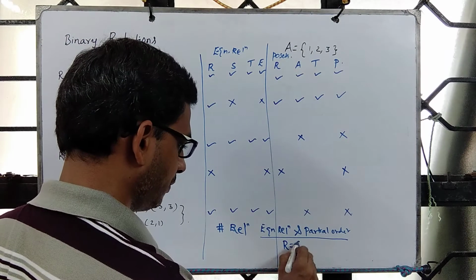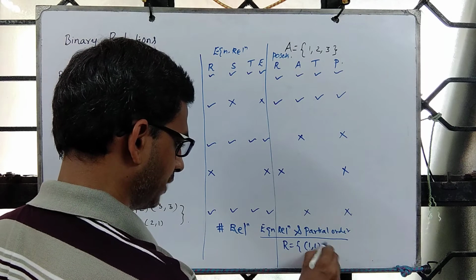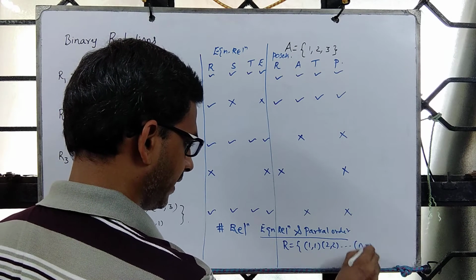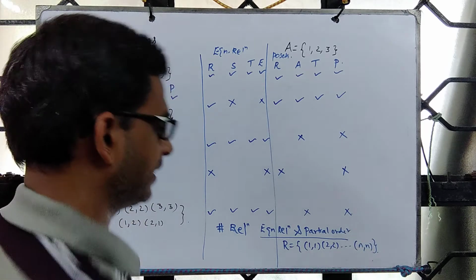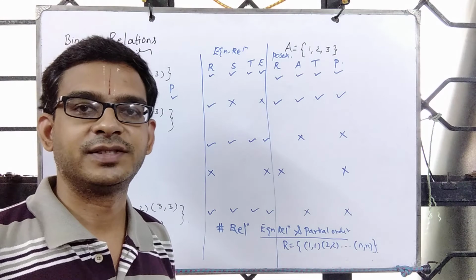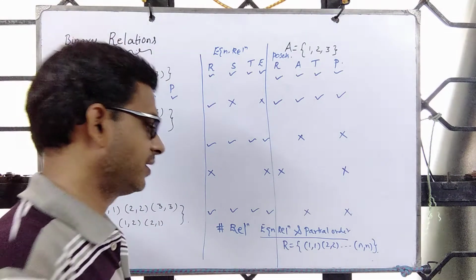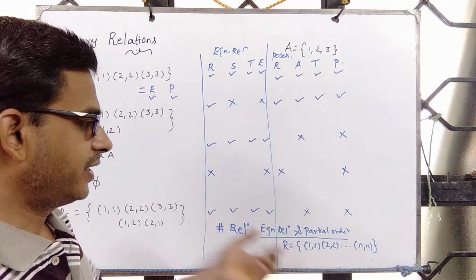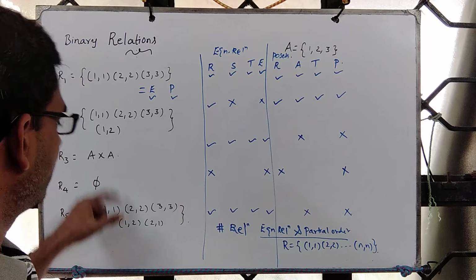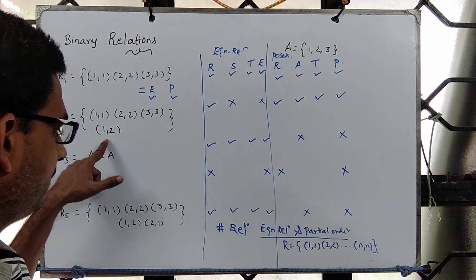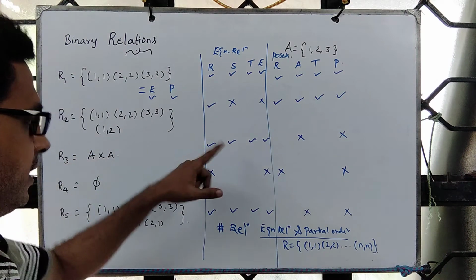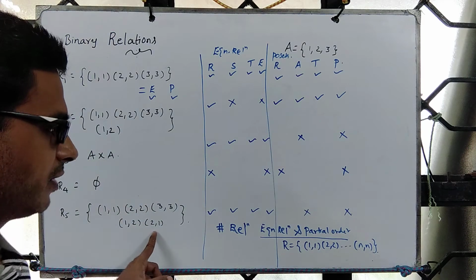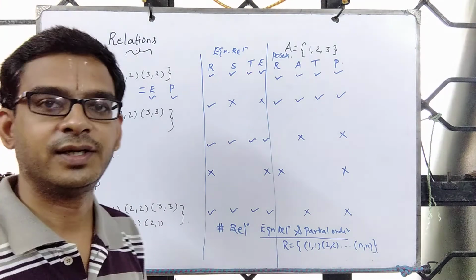It is exactly one. Such a relation is (1,1), (2,2), so on up to (n,n), if the underlying set has n elements. And in every other relation, you either find (a,b) without (b,a), because of that symmetry is lost, or you find (a,b) and (b,a), because of that antisymmetry is lost.